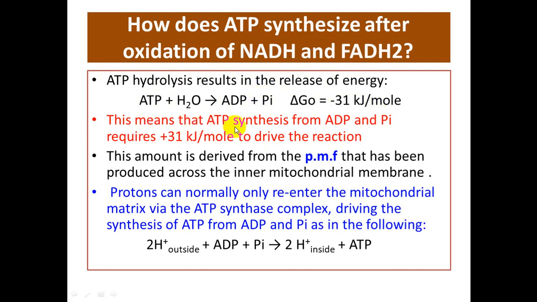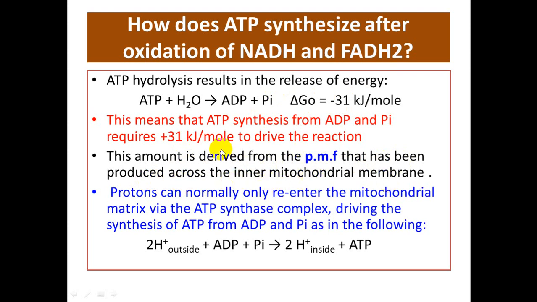This means that the ATP synthesis from ADP and pyrophosphate requires plus 31 kJ per mole to drive the reaction. ليش؟ هنا يحتاج إلى زائد 31 كيلو جول، لأن الطاقة المتحررة هي بالسالب، فالتفاعل spontaneously راح يكون تلقائيا. This amount is derived from the proton motive force that has been produced across the inner mitochondrial membrane.